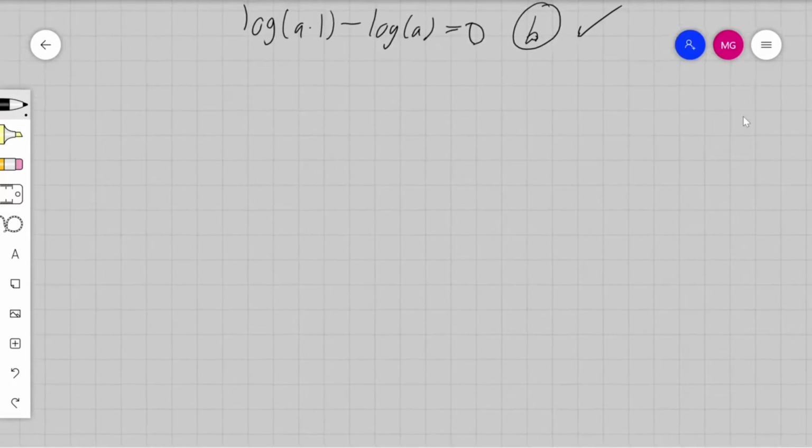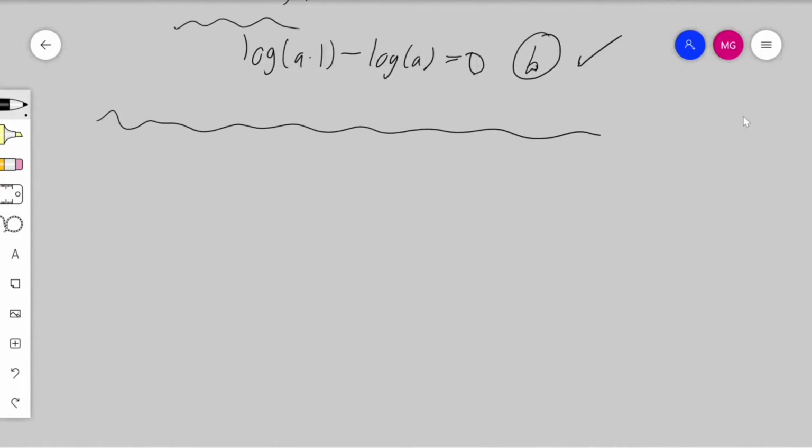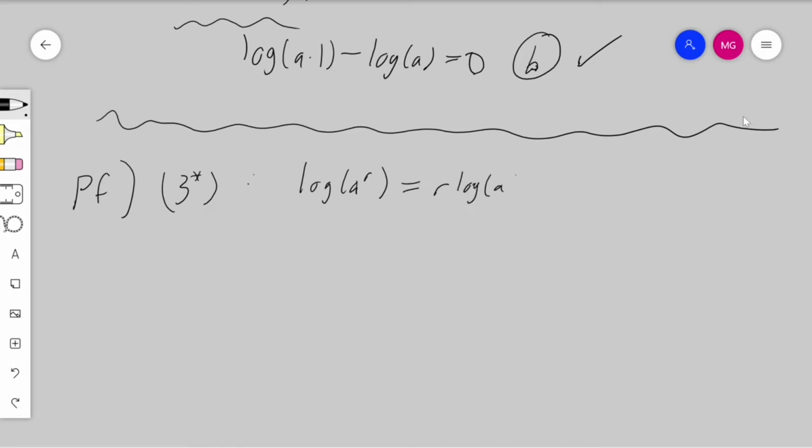We're not going to do all rational exponents. But let's go down here and make some more space, and we can prove now 3 asterisk, I guess. And so what 3, without the asterisk, is saying is that log of a to the power r is equal to r log of a. And so here r is a rational exponent.